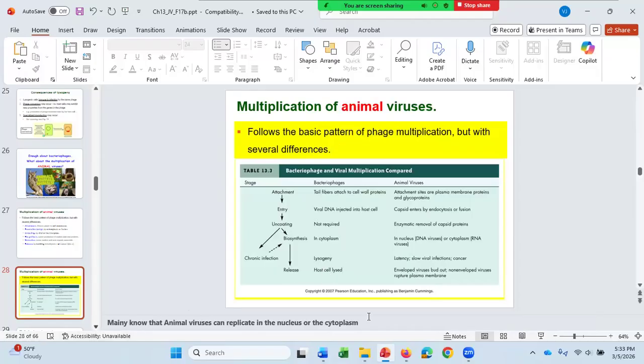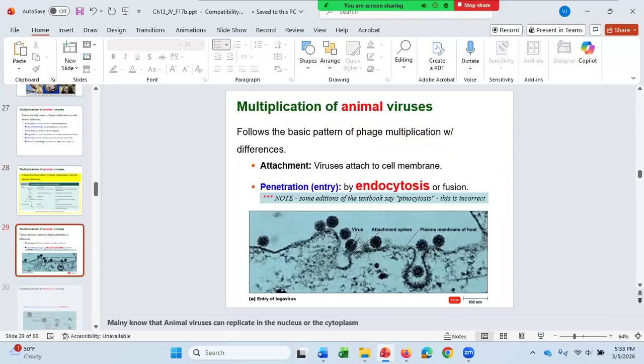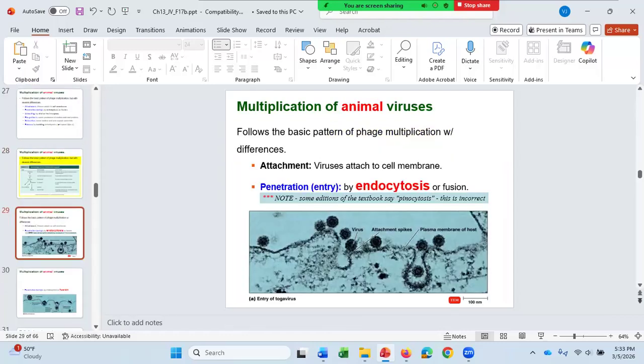And there's also something else going on about an animal virus. If it replicates in the nucleus, it's likely to be a DNA virus, and if it replicates in the cytoplasm, it's likely to be an RNA virus. We'll talk a little bit about that later.